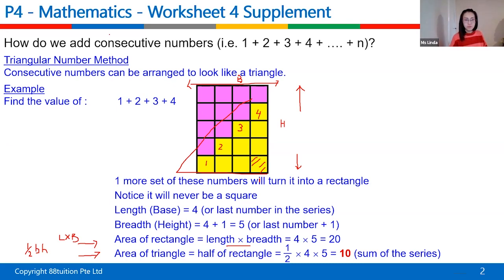Just the formula, area of rectangle and area of triangle, the last 2 arrows, please write that down. Done? If you're done, we'll go on.